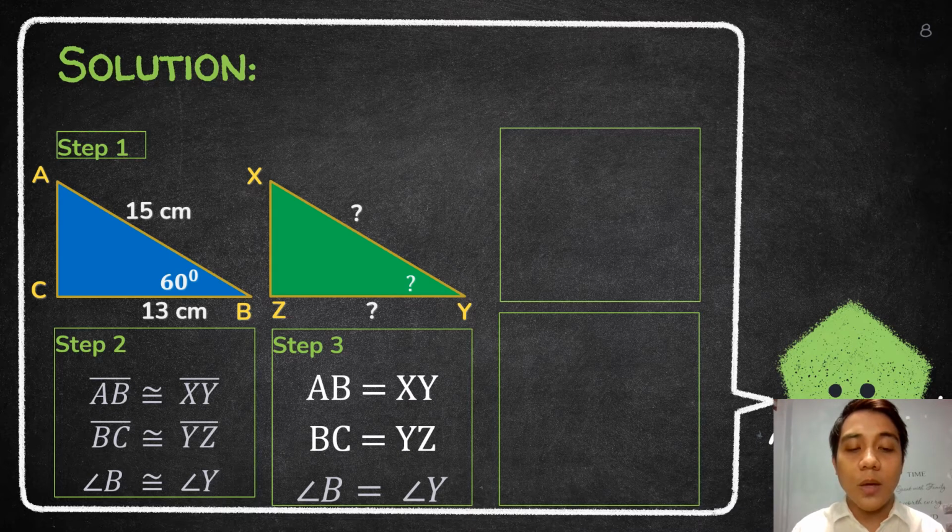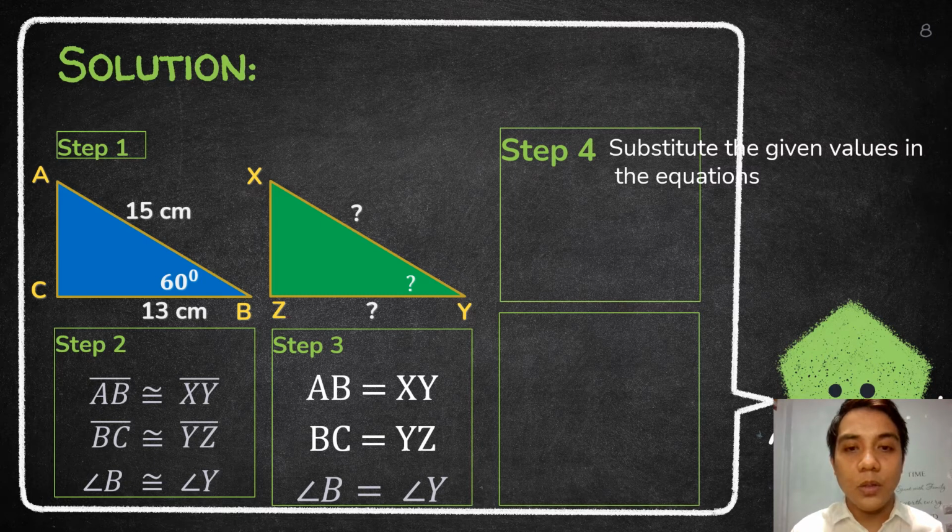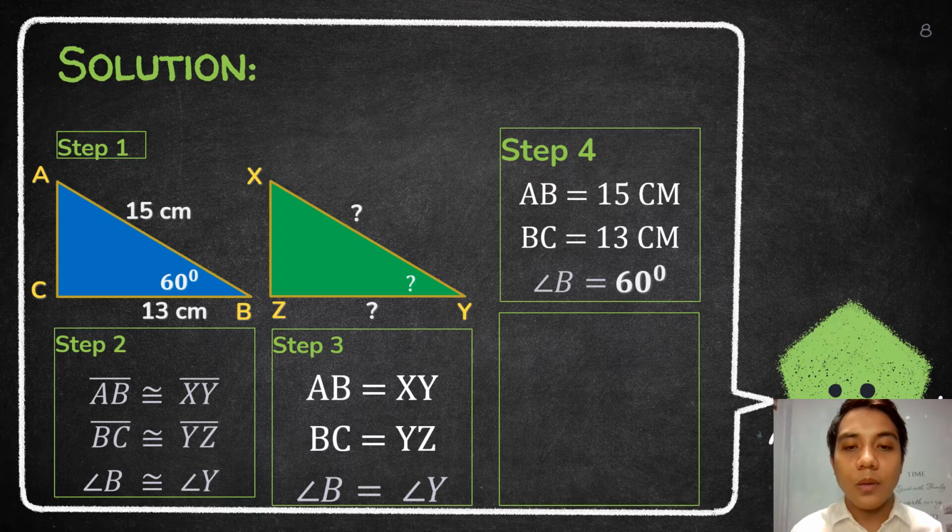AB is equal to XY, BC is equal to YZ, and angle B is equal to angle Y. Step 4. Substitute the given values in the equations. AB is equal to 15 cm, BC is equal to 13 cm, and angle B is equal to 60 degrees.